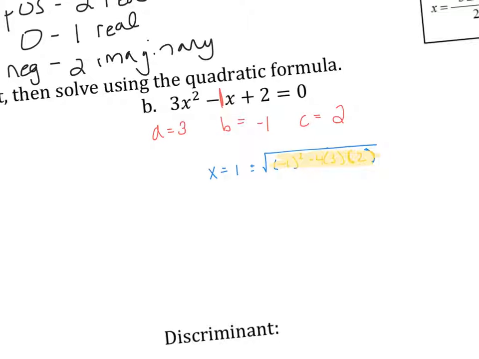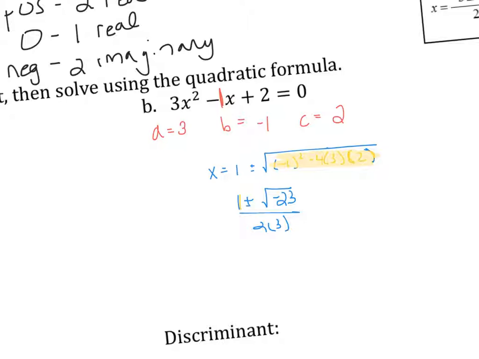So just the negative 1 squared minus 4 times 3 times 2. Now when you do that, you should get negative 23. So 1 plus or minus square root of negative 23 over 2 times 3.